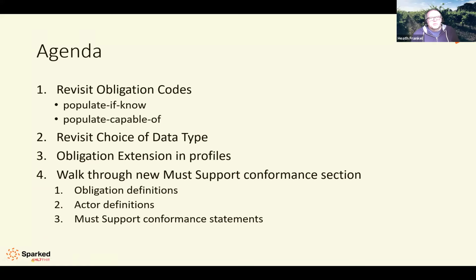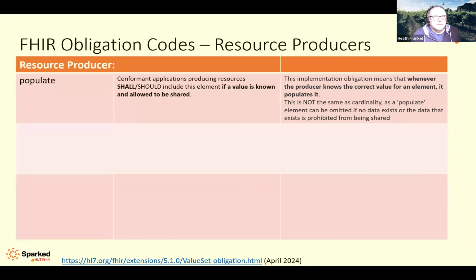So yeah, the team's been working pretty hard since last Friday, and we've actually had some updates from HL7. They've just published a new version of the obligation codes as an official extension pack, and due to some changes that we have requested, they've actually obliged, and hence I have to revisit all the theory that we've been talking about for the last 3 weeks around obligation codes.